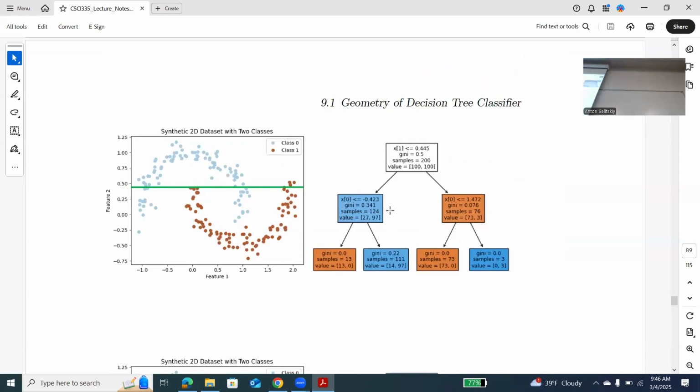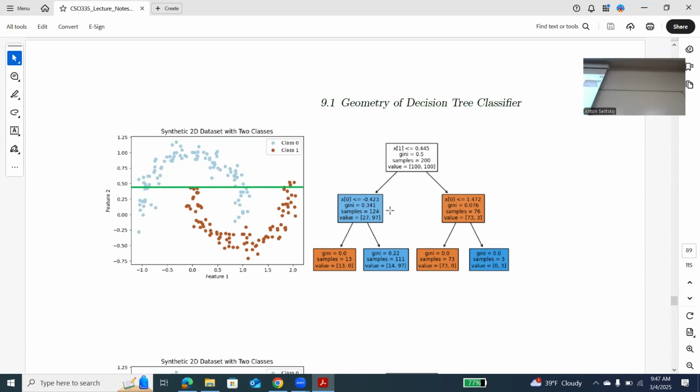So this is the first decision rule along x1 with value 0.44. So everything that is below this line will be classified as class 1. Sorry, there's a mismatch with the colors because class 1 on the image has this brown color, but in the decision tree it's blue. Every point with second feature greater than this decision boundary will be classified as class 0.